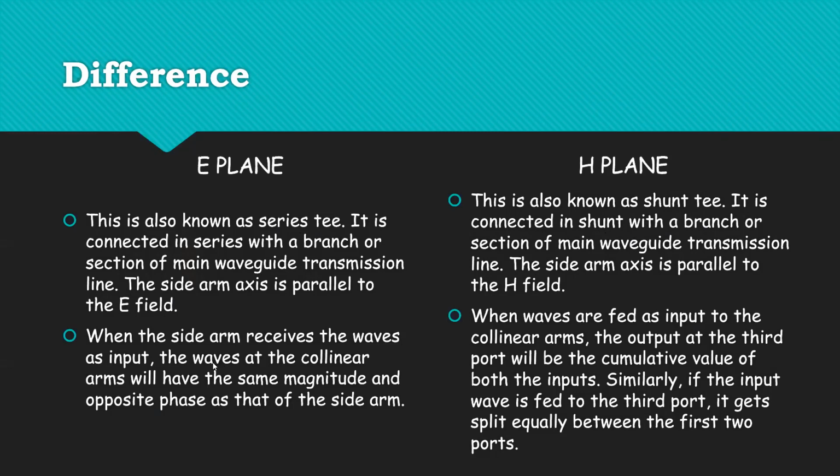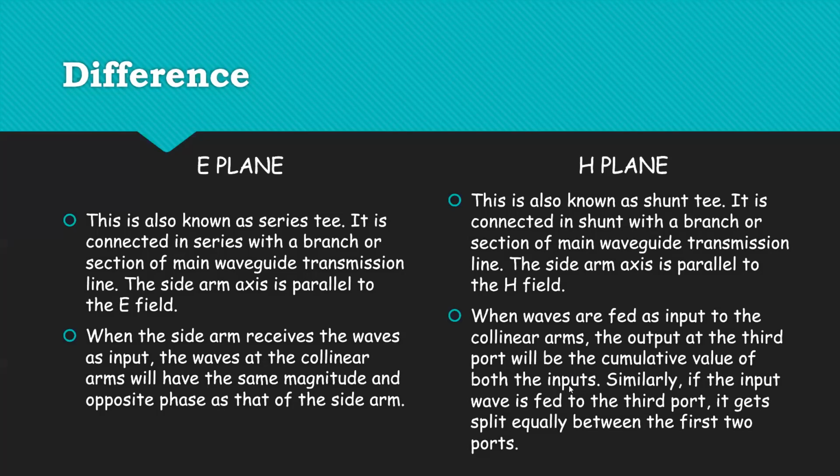The other difference is that for the E-plane, the side arm receives the wave as input. The waves at the collinear arms will have the same magnitude and opposite phase as that of the side arm. And for the H-plane, with input to the collinear arms, the output at the third port will be the cumulative value of both the inputs.